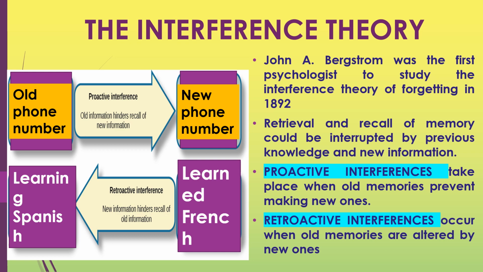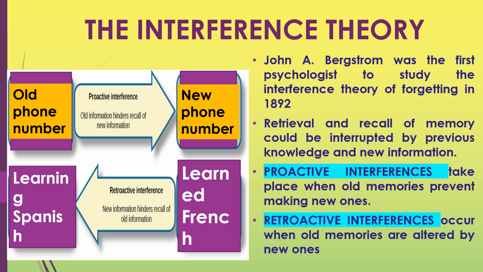Then retroactive interference occurs when old memories are altered by the new ones. Just like with proactive interference, they often happen with two similar sets of memories. For example, if you have learned French and now you are learning Spanish, while speaking French, the Spanish might interfere with your previous knowledge.